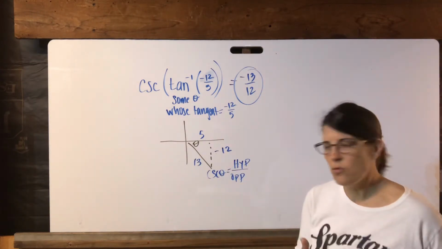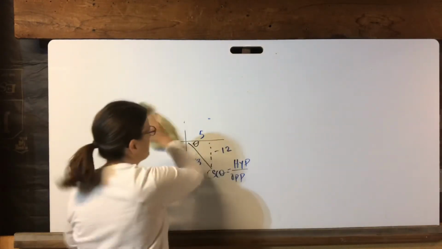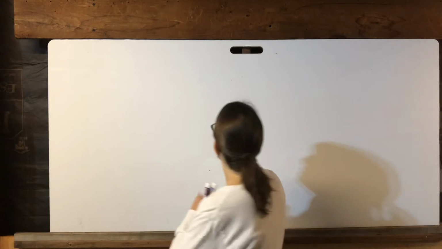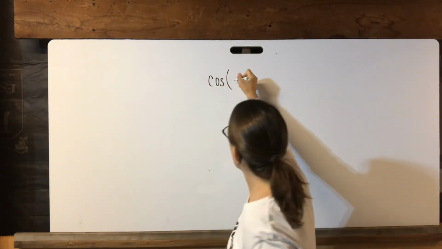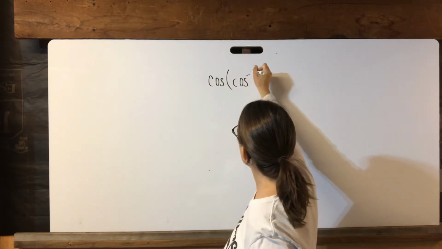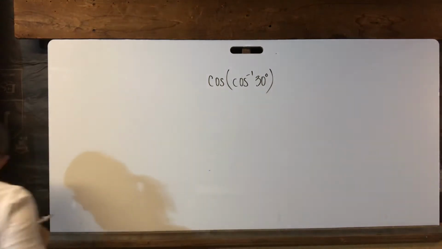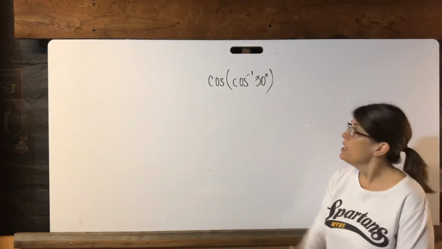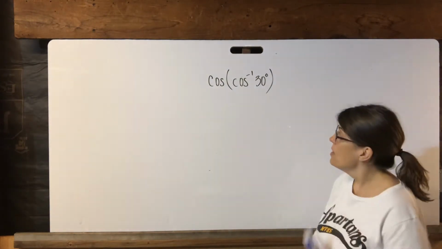So let's do another one that's a little bit funkier. Let's do the cosine of the inverse cosine of 30 degrees.